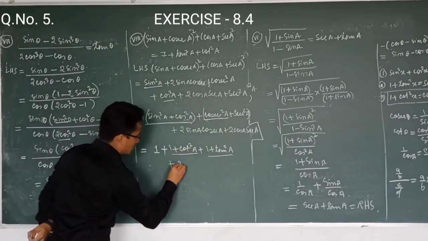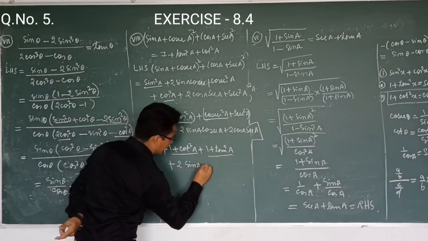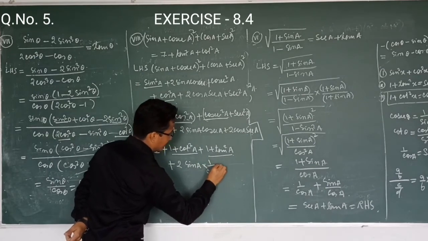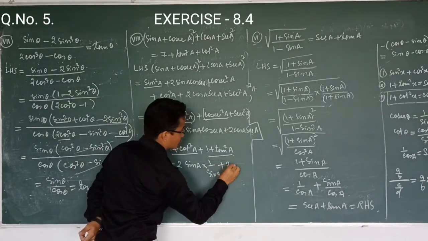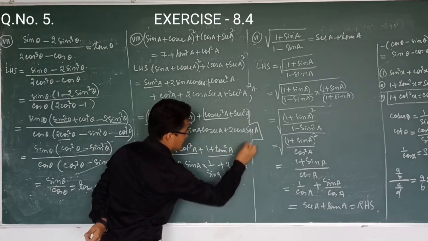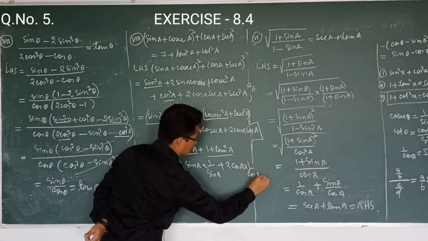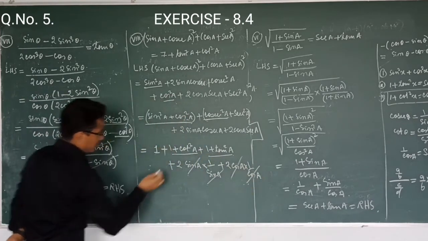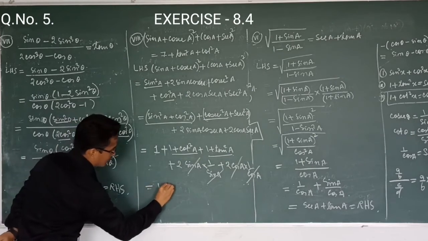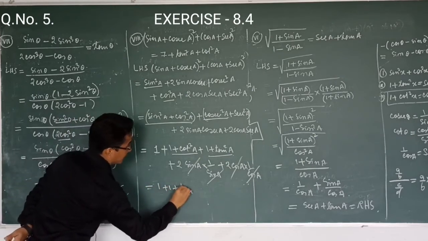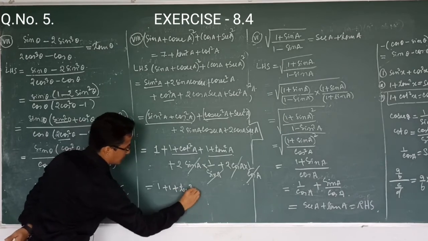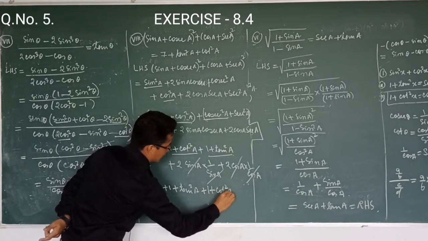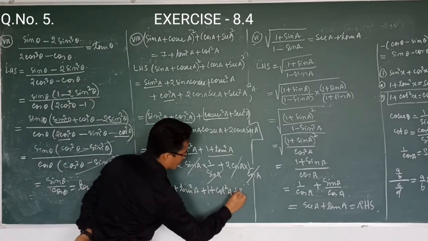Then plus 2 sin A into cosec A, which is sin A by sin A, and plus 2 cos A into sec A, which is cos A by cos A. Then these cancel. So 1 plus 1 plus tan square A plus 1 plus cot square A plus 2 plus 2.